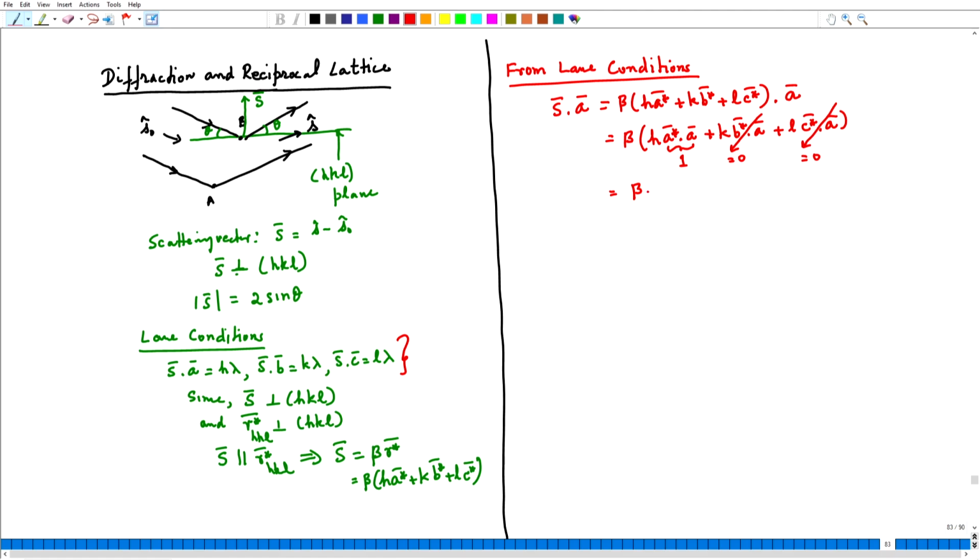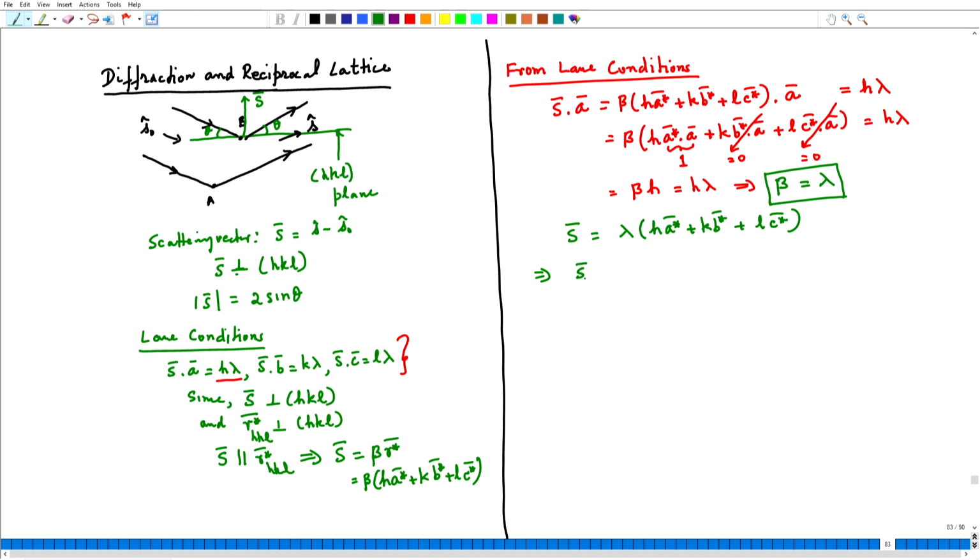Hence, this is equal to beta times H. Now, recall that the Laue condition S dot A should be equal to H lambda. So, this is equal to H lambda. So, beta H is equal to H lambda, which implies that beta equals lambda. Therefore, the scattering vector S can be written as lambda times H A star plus K B star plus L C star.